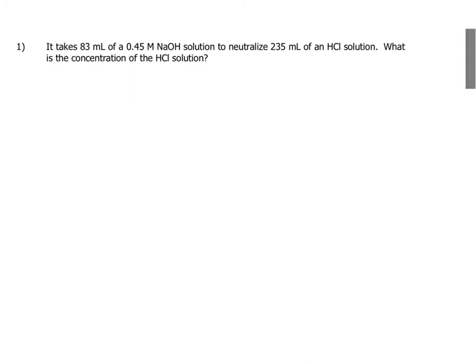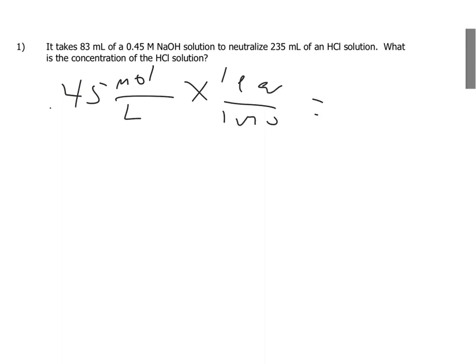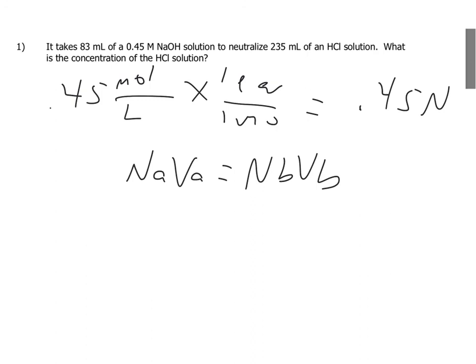One last problem here. On this one we have 0.45 molarity of NaOH. That's going to be moles over liters, and that's NaOH. So we know that 1 mole has 1 equivalent, and that means we're going to have 0.45 normality of NaOH. We're going to do our NaVa equals NbVb.